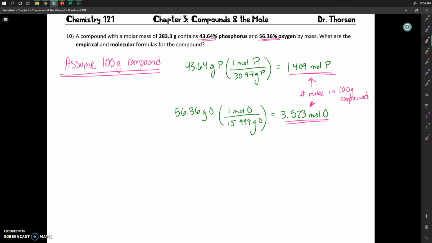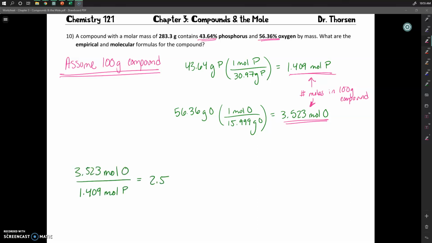And that's going to be something that's important as we shift to problem 11 and problem 12. But just note here that these two numbers of moles are referenced back to this same 100 grams of compound, the same amount of the compound as a whole. And that's important because they need to be coming from the same amount in order for us to compare them and actually see what their ratio is going to be.